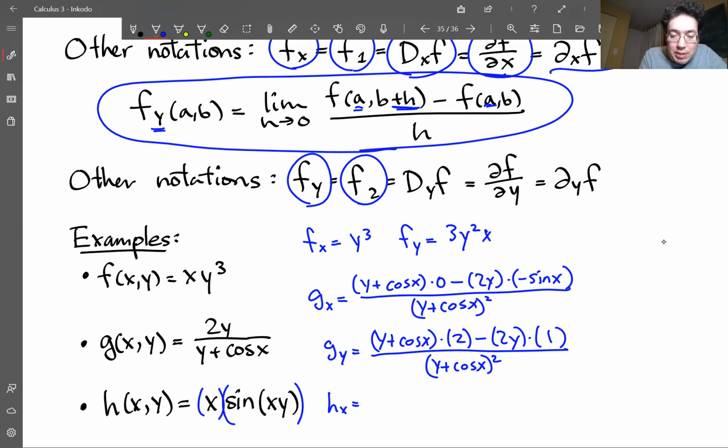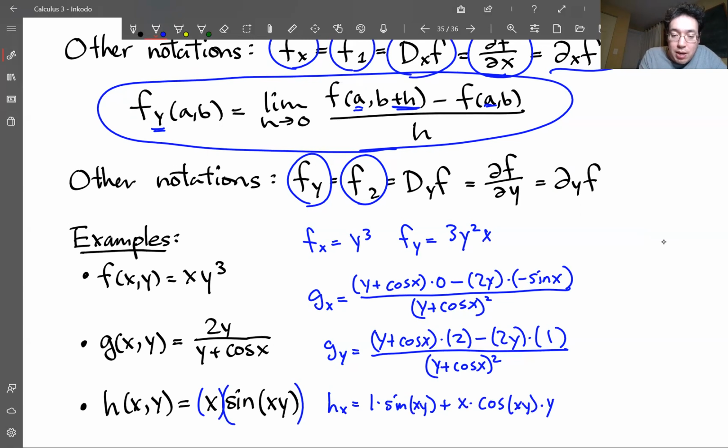So derivative of x is 1 times sine of xy plus x times derivative of sine. So here I have to use chain rule. Derivative of sine is cosine. And after I take the derivative of the sine part, I have to multiply by the derivative of the inside. The derivative of x times a constant is just a constant. So y goes there.